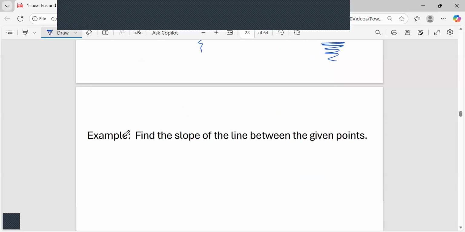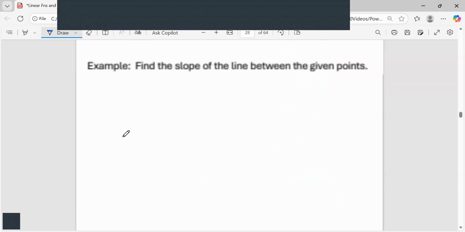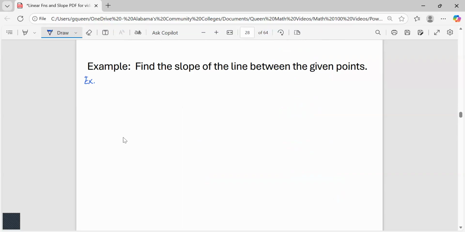All right, some other examples. You don't always have pretty integer numbers. Sometimes you have fractions. So I didn't want to not do an example for you with that. So here's an example. They want us to find the slope of the line between the given points. Let's say that point number 1 is (1/2, -1), and point number 2 is (3/4, 3).